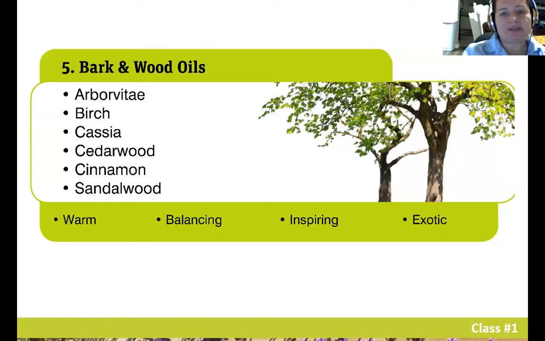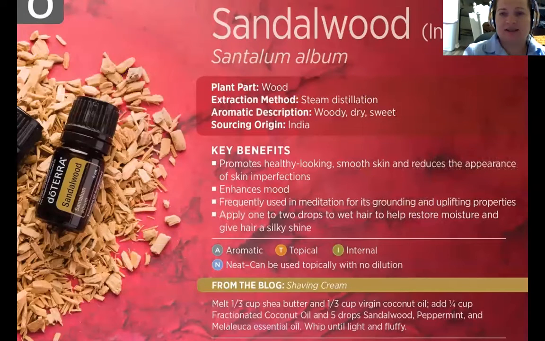But let's talk about sandalwood. This is another great, wonderful smelling oil. It promotes healthy skin, reduces the appearance of skin imperfection. It's very grounding and uplifting. It enhances the mood. Inhale or diffuse to lessen tension and balance emotions.